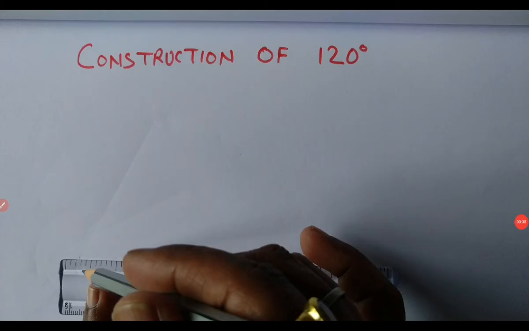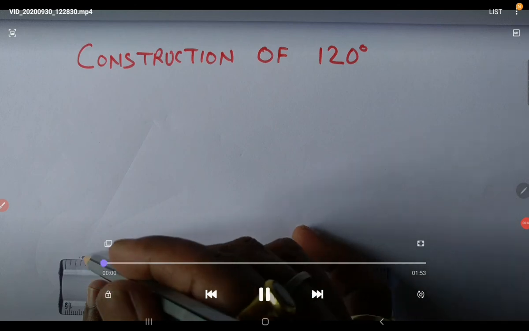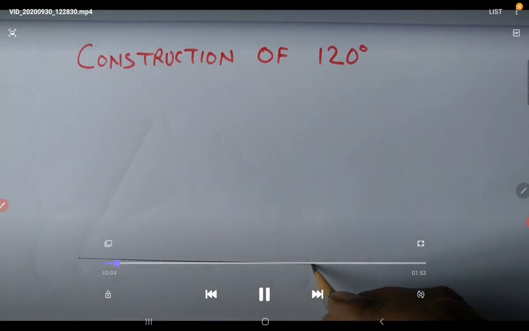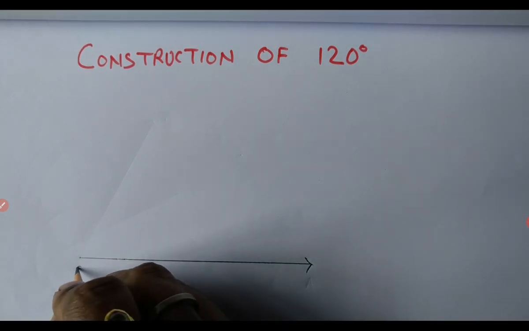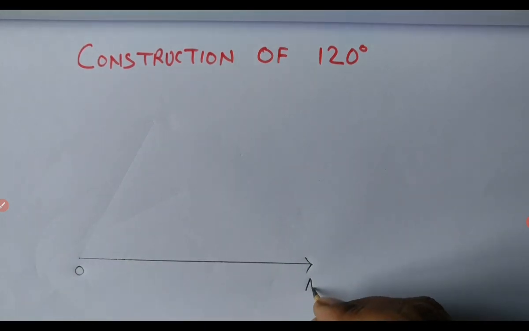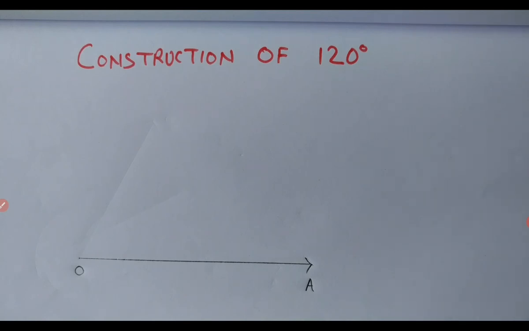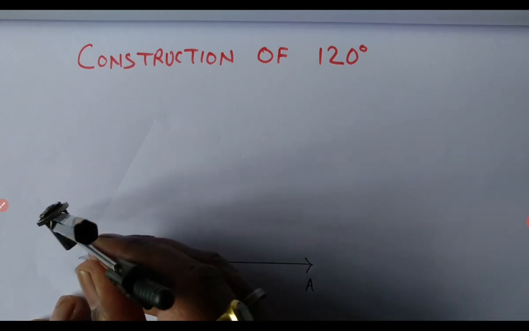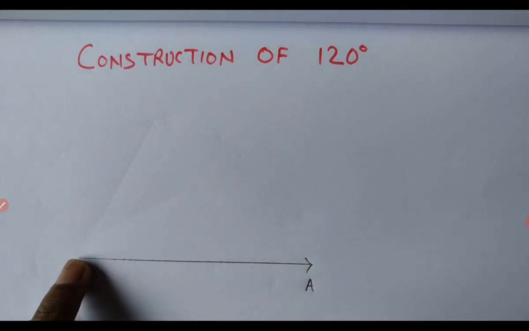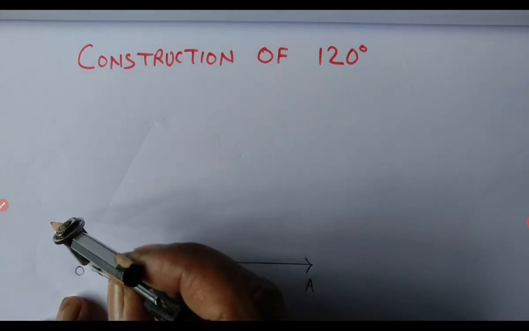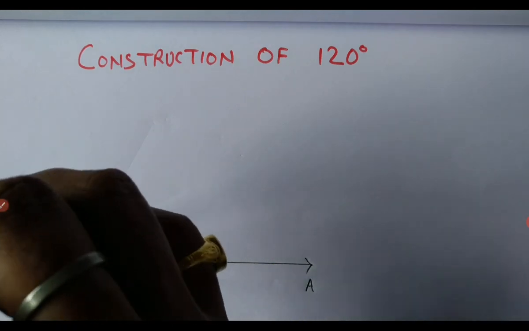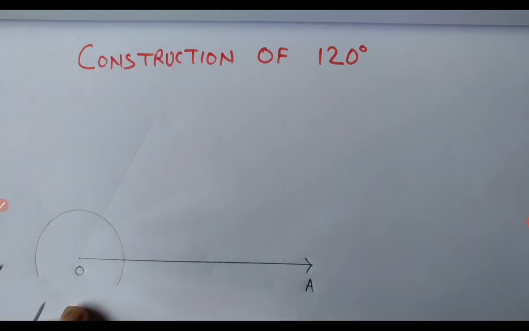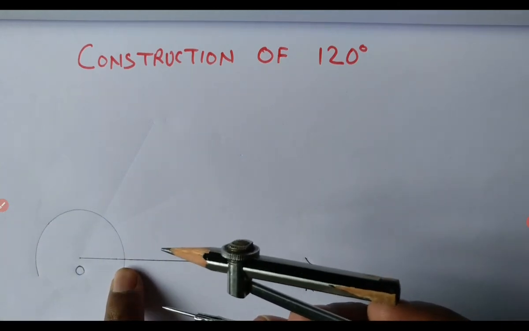To construct 120-degree, first we need to follow the steps of constructing 60-degree. We need to draw one ray, like OA, like before. Then with the help of a compass, I have already adjusted the compass. Now I need to draw one arc with the needle kept at the initial point O. So I have already drawn one arc such that it intersects the ray at one point.